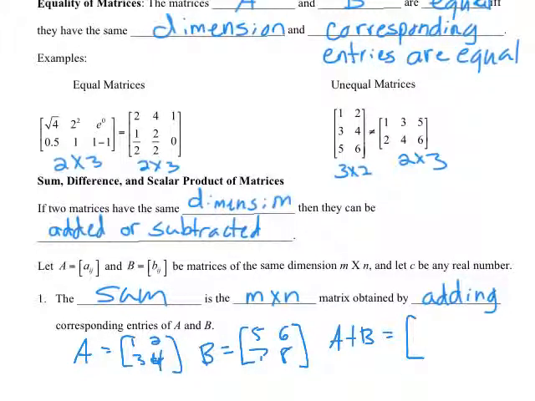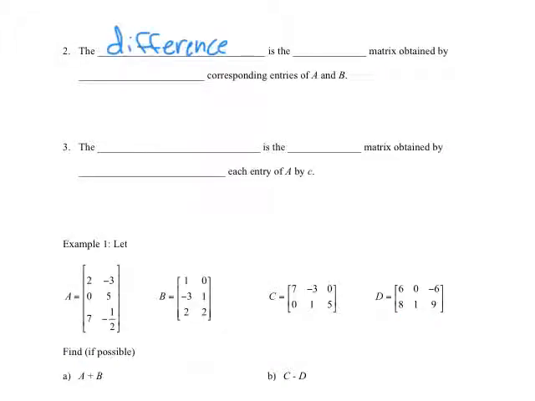That's just going to be 1 plus 5, 2 plus 6, 3 plus 7, and 4 plus 8. So 1 plus 5 is 6, and then 8, and then 10 and 12. You are adding corresponding entries.